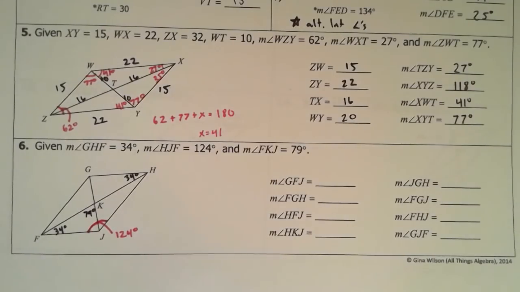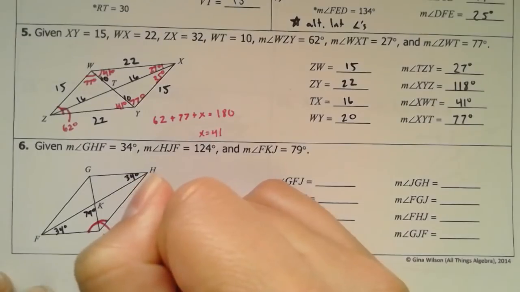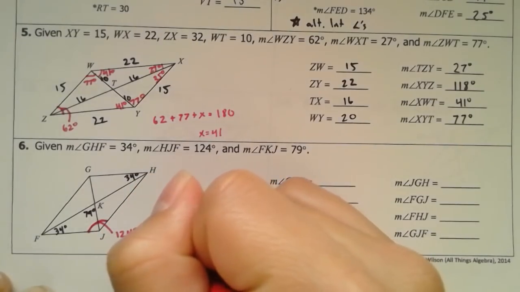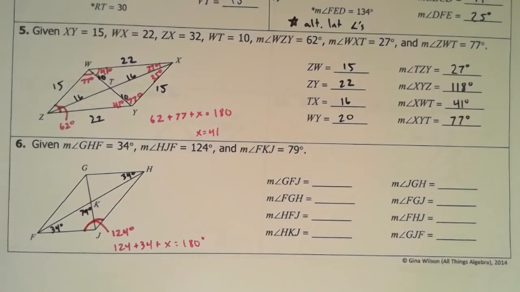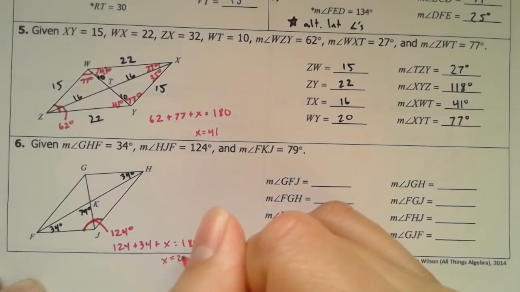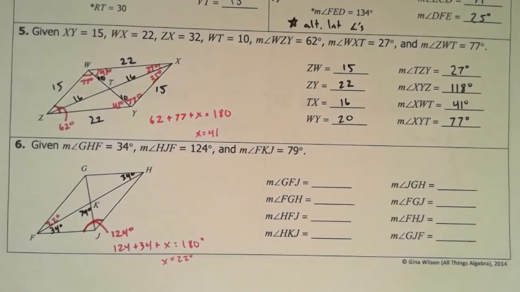Now I can find this angle here because this one here and this one here are supplementary, they have to add up to 180 degrees. So if I do 124 plus 34 plus x is equal to 180 degrees, and you solve, you're going to get 22 degrees. So then this one here is 22 degrees.